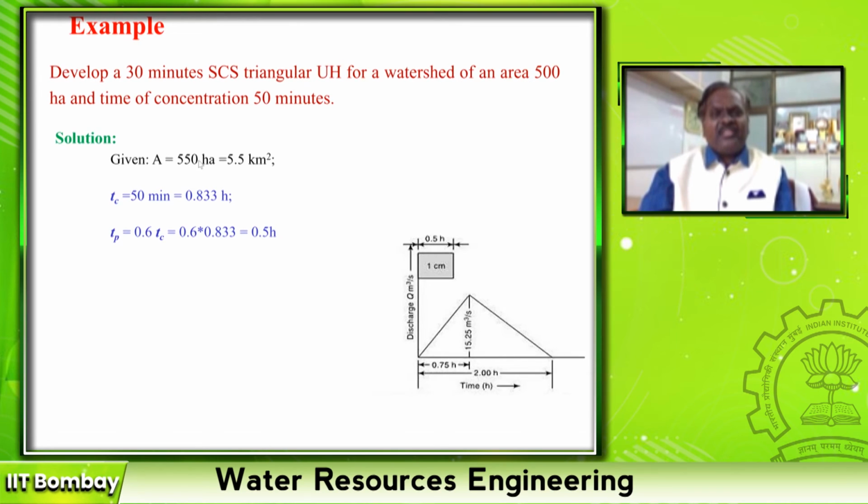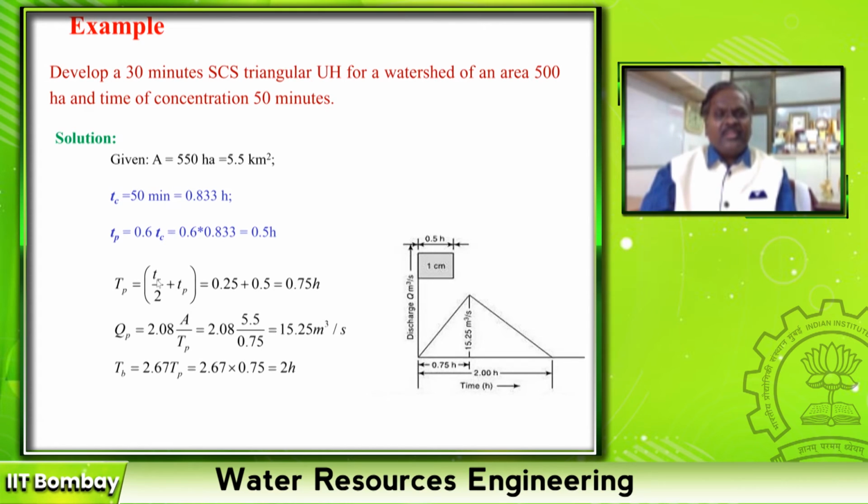Right? Given area is 550 hectares, which is equal to 550 into 10,000 meters square, or convert that into kilometer square. TC is here, put it in hours, substitute in this TP, right?